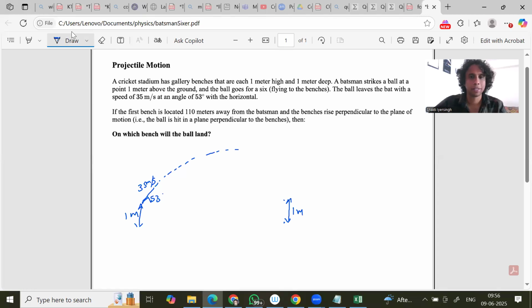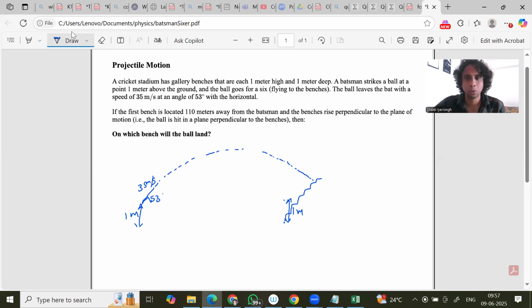And the ball travels like this, and the benches start here, right here, and the benches rise up like this, and the ball goes and hits one of the benches here, right? And we need to answer what is the bench that the ball goes and hits.